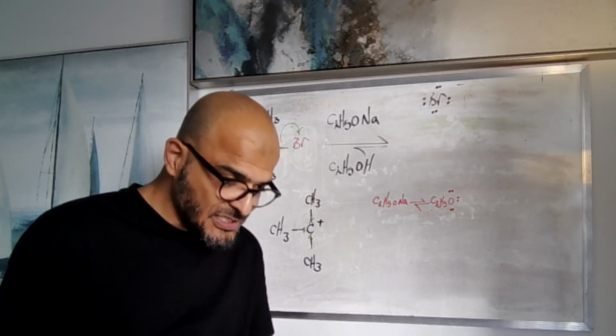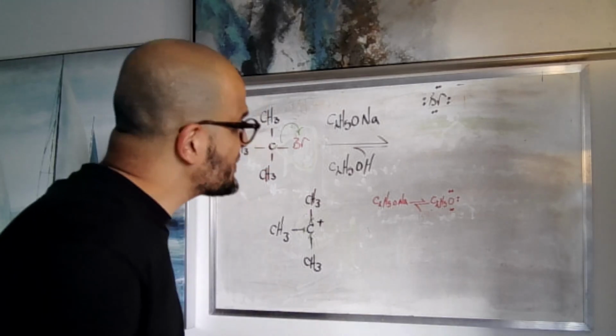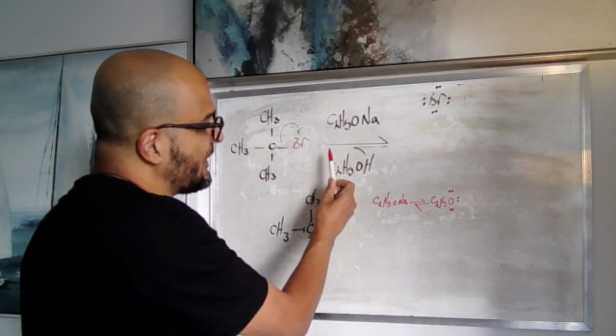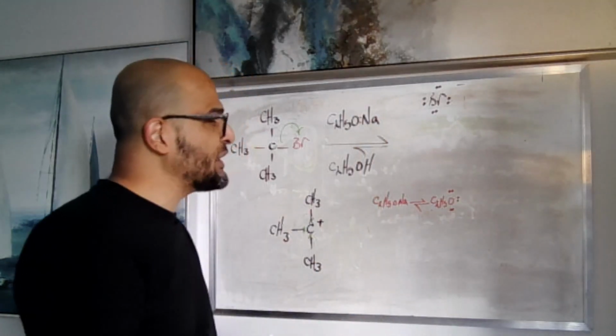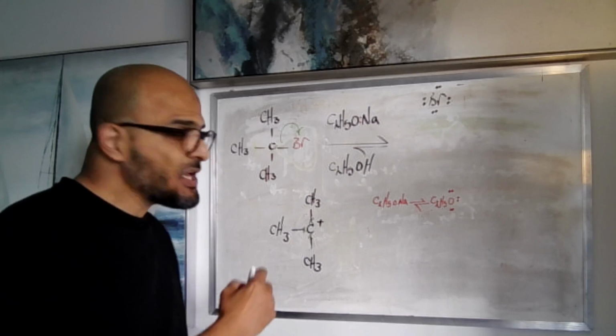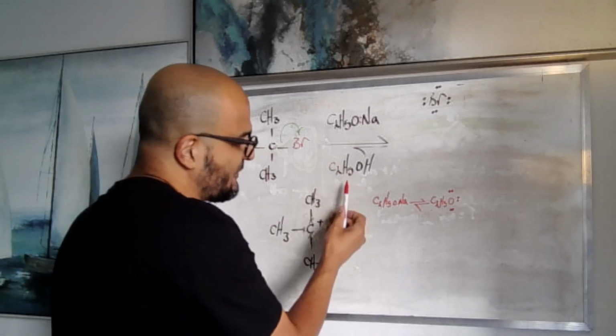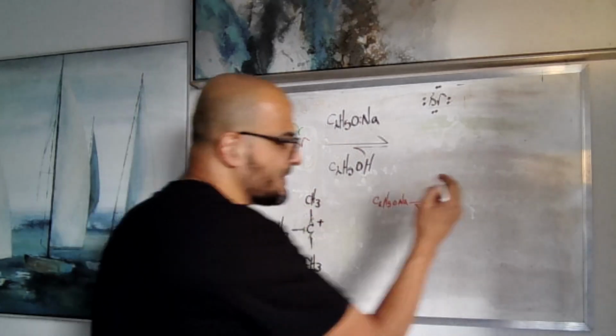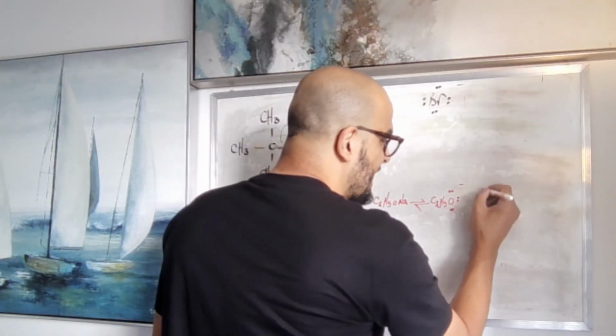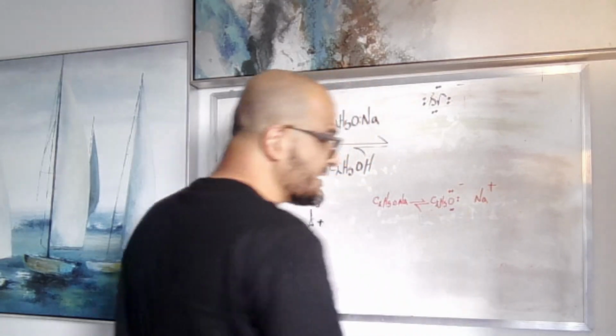If that electron is shared with them, then as a result, if you have a fight between the electron pair shared between the oxygen and sodium, you're going to see that within the solvent, oxygen is going to grab that one and become negatively charged, and sodium becomes positively charged.